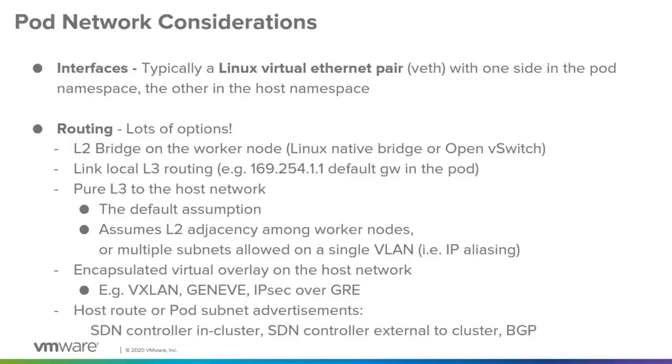In the case of Calico, they actually put a BIRD, which is an FRR alternative BGP daemon, on each worker node so that they can advertise pod subnets to the external network if that's what you want. And it allows lots of possibilities for a pure layer 3 fabric to communicate efficiently to your cluster with the pods being part of the fabric as first-class citizens.